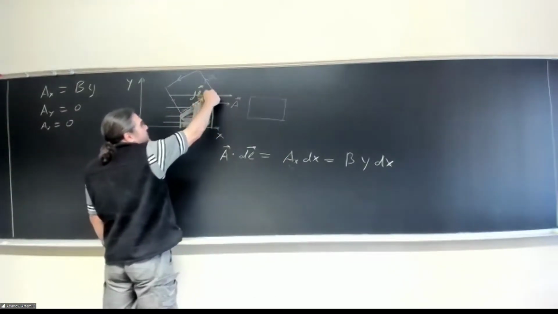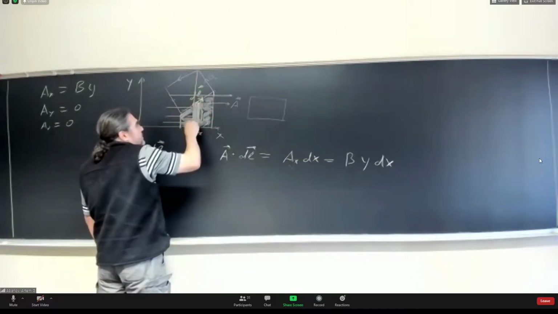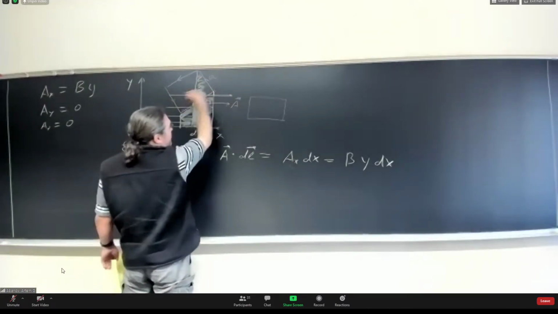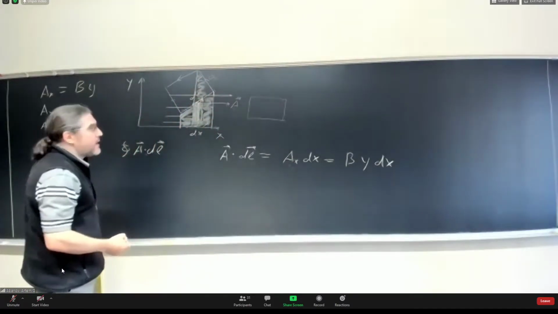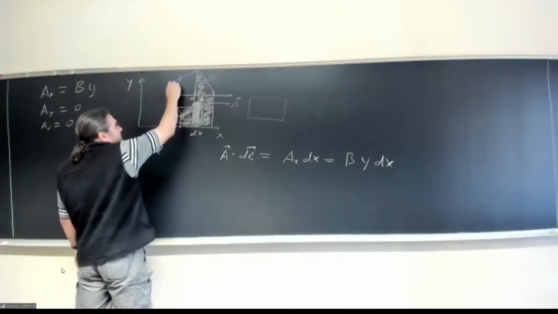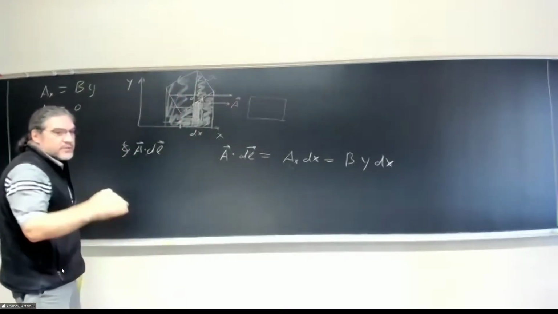Now I need to take this contribution. It will be this area, but with a minus sign because now dx is going in the opposite direction. Then I compute this part, and it will be this area, again with the minus sign.